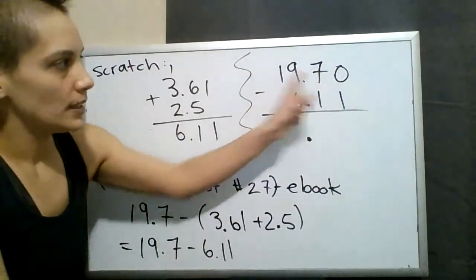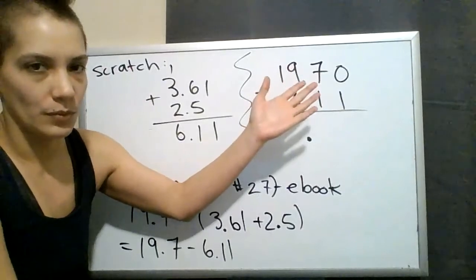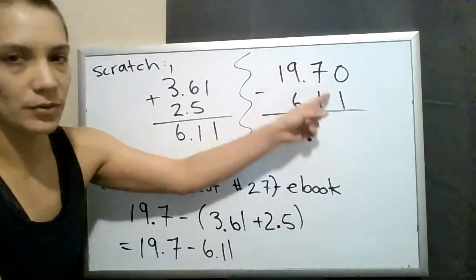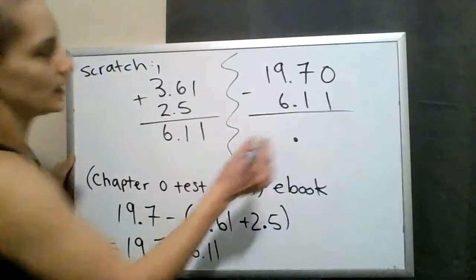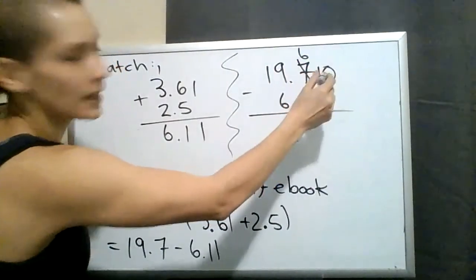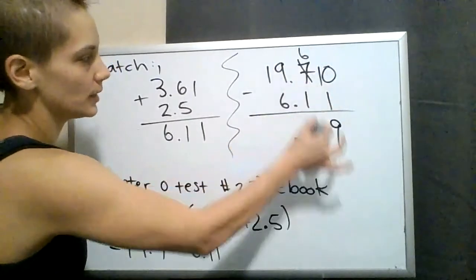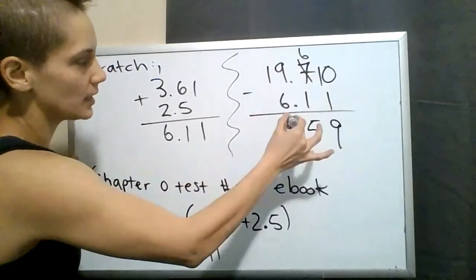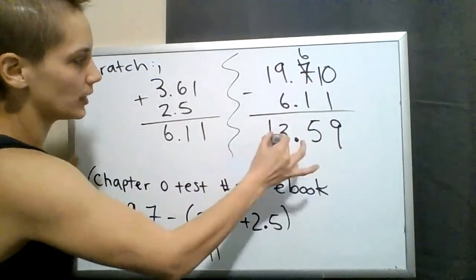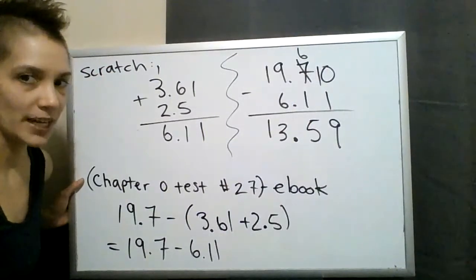And this is how I've learned to do it, I need to borrow from the 7. So I would put this down to 6, take that over here, and I've got 10 minus 1 is 9. 6 minus 1 is 5. 9 minus 6 is 3, and then there's 1. So the answer is 13.59.